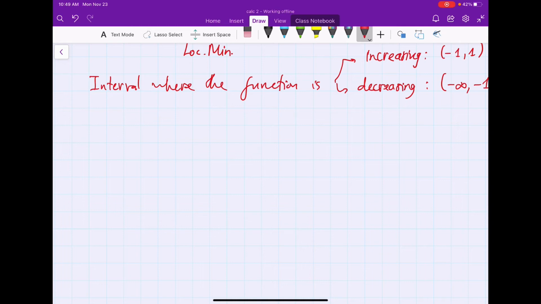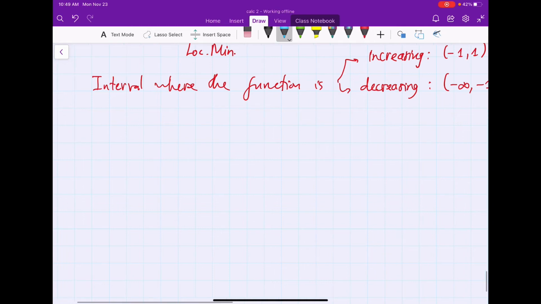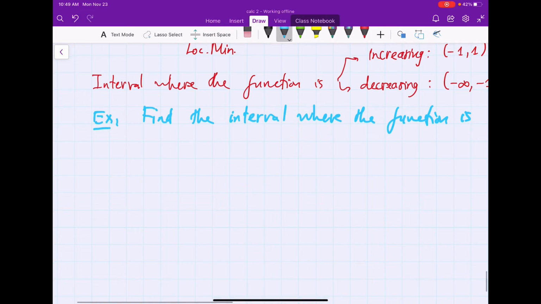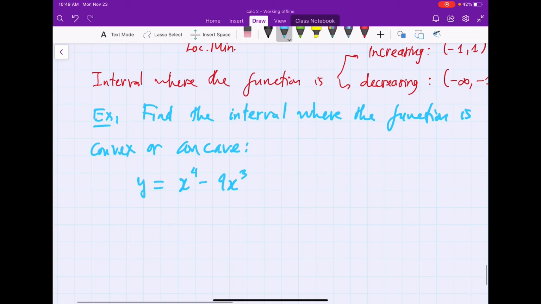Now let's solve one example with the second derivative. Find the intervals where the function is convex or concave, right? All right, so your function is y equal to x to the 4 minus 9x cubed.